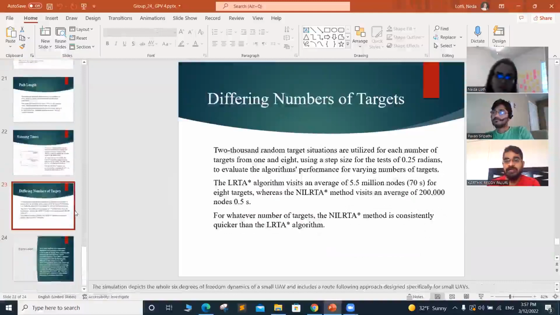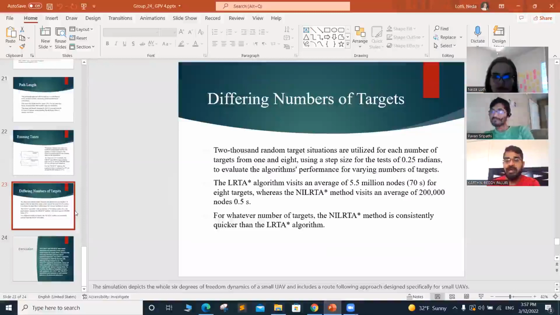Different number of targets. 2,000 random target situations are utilized for each number of targets from 1 to 8, using a step size of 0.25 radians to evaluate the algorithm's performance for a varying number of targets.